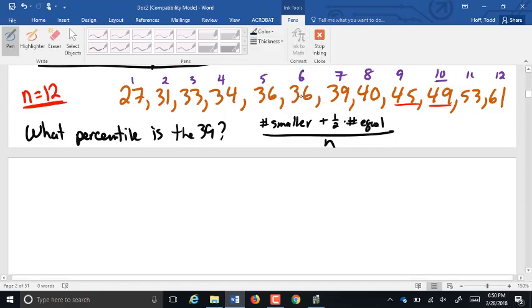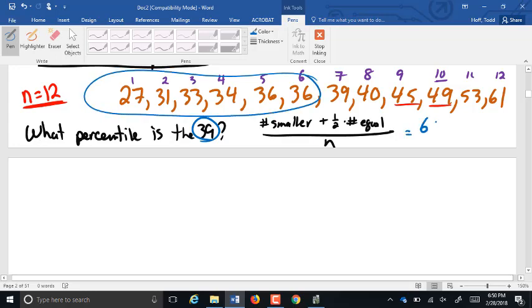So if I look at this, for 39, how many numbers in this set are smaller than 39? There's 6. Plus 1/2 times how many are equal to 39? Just the one. Over n, of course, is 12.